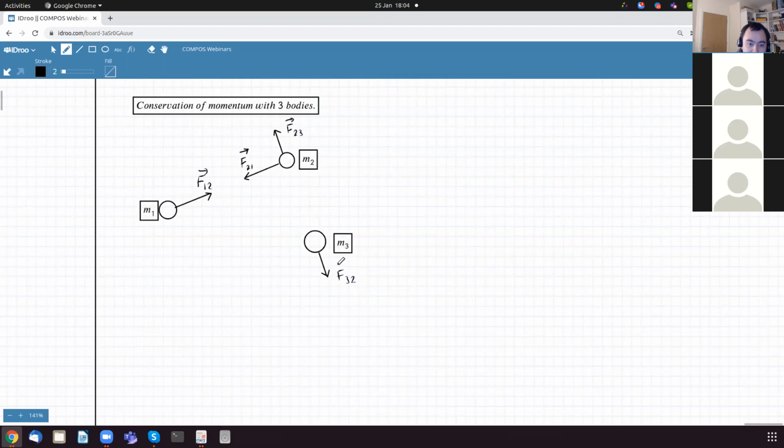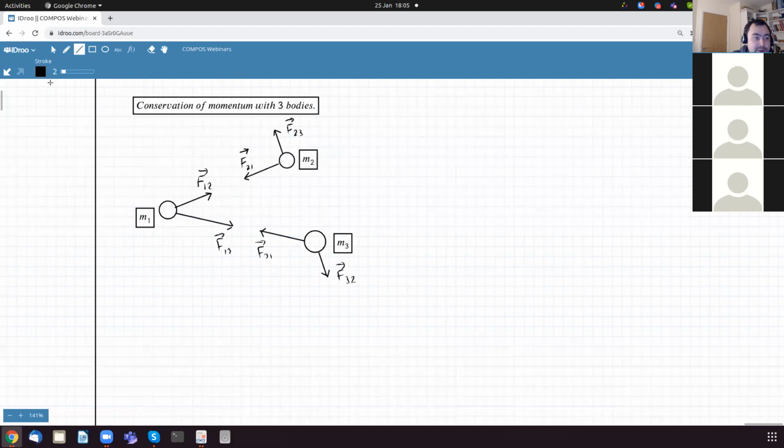F32. And finally, we have object 1 and object 3 interacting. Let's draw that force. So this is F13, and this is F31.